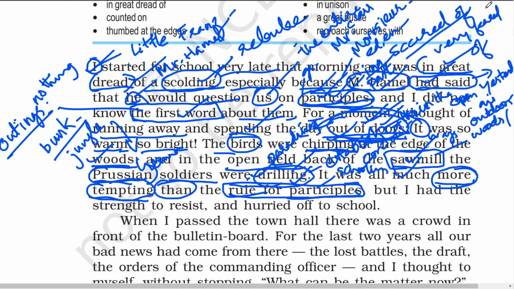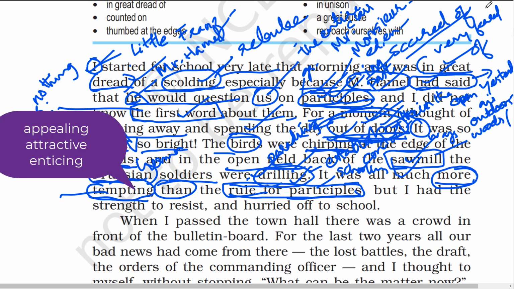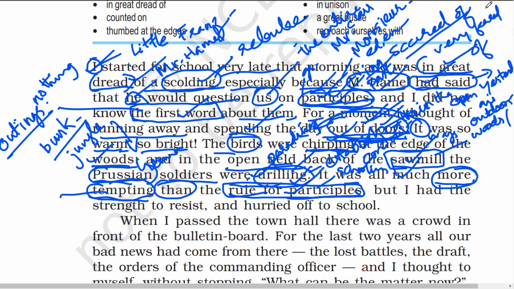What is tempting? That is generating interest in someone. That is tempting than the rules of participles. The rules of participles, he did not know even the very first word. So more tempting than these rules of participles are these things: the chirping of the birds at the edge of the woods and the Prussian soldiers drilling. These are more tempting to him than going to the class.